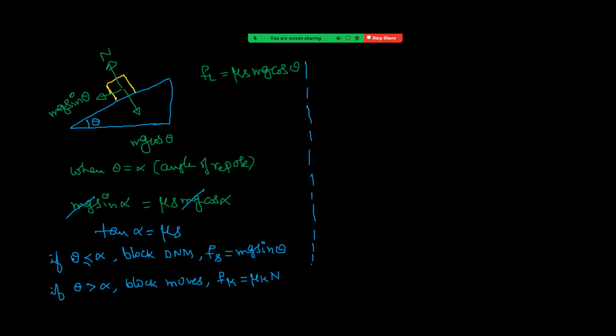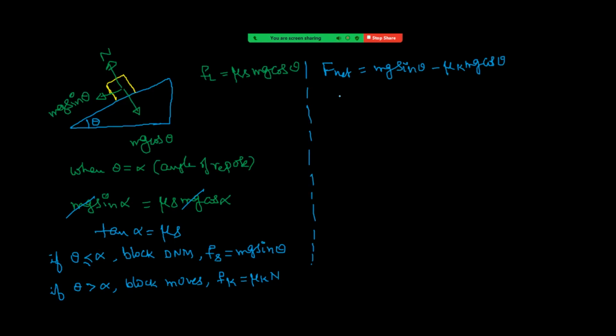So in the first case, less than or equal to alpha, the block does not move, friction is static, mg sine theta. Greater than alpha, the block moves. Since the block is moving relative to the contact surface, friction is kinetic, which is mu k into normal reaction. When the block is moving down, the net force is mg sine theta minus mu k mg cos theta.